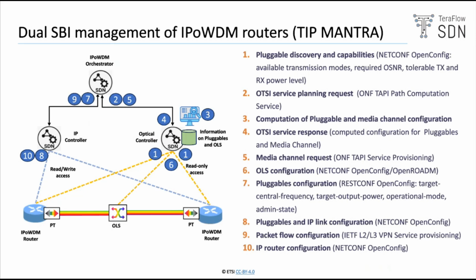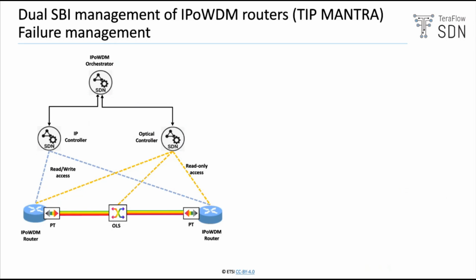Then we are able to configure the IP link at the IP layer. Then we are configuring the packet flow, and finally we configure the IP routers. So this is the mechanism described by TIP MANTRA that we think is more aligned with industry.